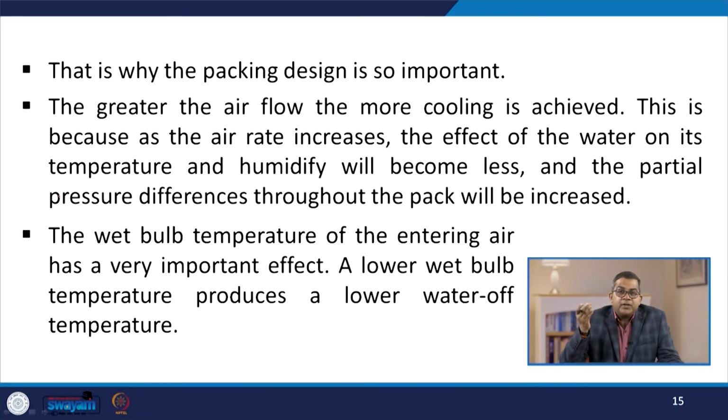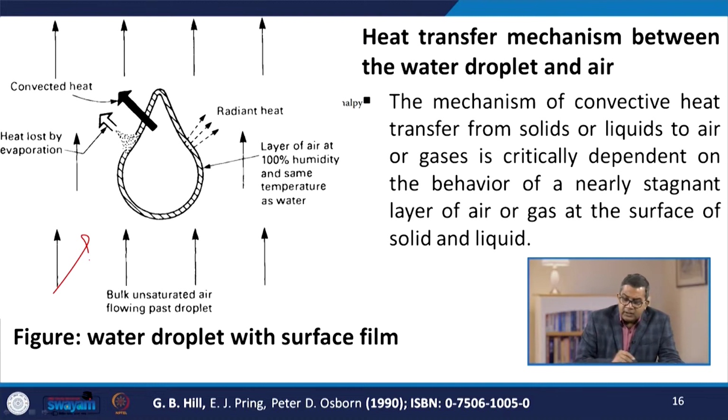The wet bulb temperature of the entering air has a very important effect. A lower wet bulb temperature produces a lower water outlet temperature. Come back to this figure again. The heat transfer mechanism: here we are discussing the heat transfer mechanism between the water droplet and air.